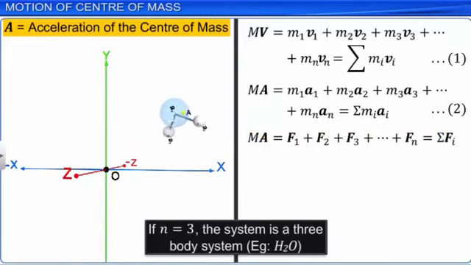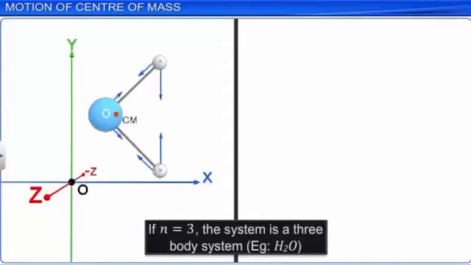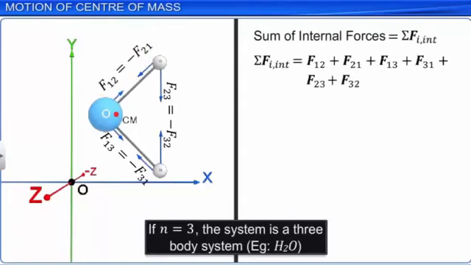Fi is equal to Fi internal plus Fi external. The internal forces are exerted by one particle on another and form action-reaction forces. F12 is equal to minus F21. The vector addition of all these internal forces acting on all particles adds to 0. Sigma Fi internal is equal to 0.